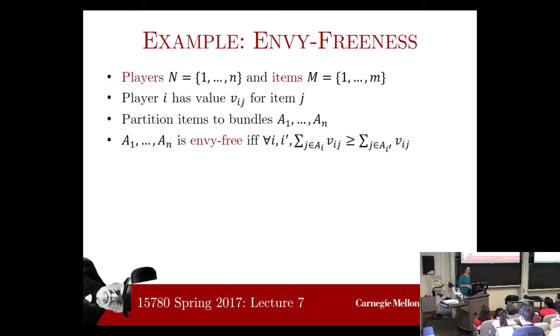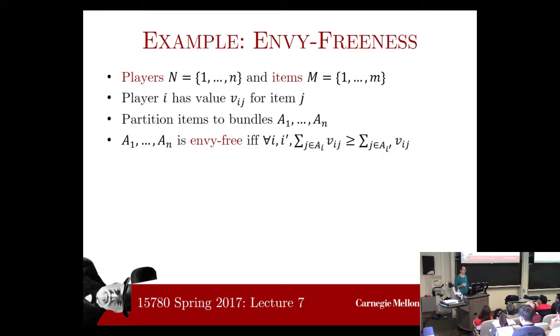Now, we say that a partition like this, A_1 to A_n, is envy-free if the following property holds. For every two players, i and i prime, the value i has for his bundle is at least the value i has for the bundle of player i prime.